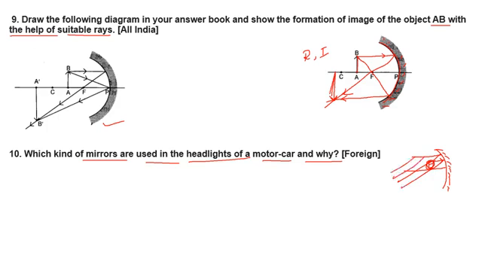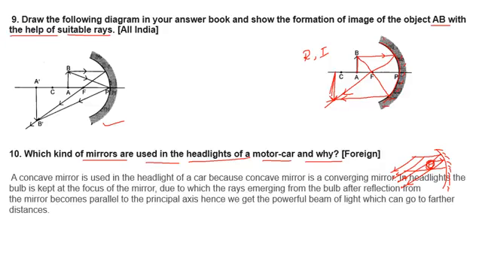We know that a concave mirror is a converging mirror, and when I keep the bulb at focus, I will find that parallel rays are coming, and these parallel rays are really powerful. They will cover the maximum distance, so I can see distant objects also because of these powerful rays. Because of that I would prefer a concave mirror, and I would prefer the bulb to be kept at focus.